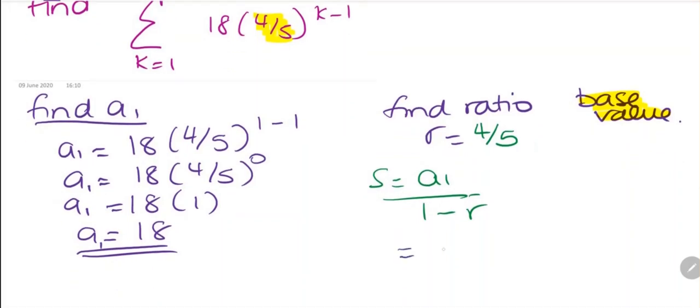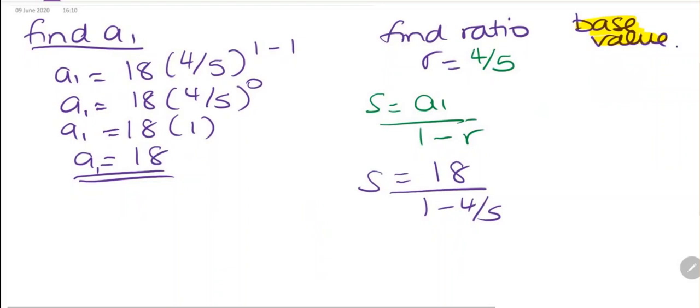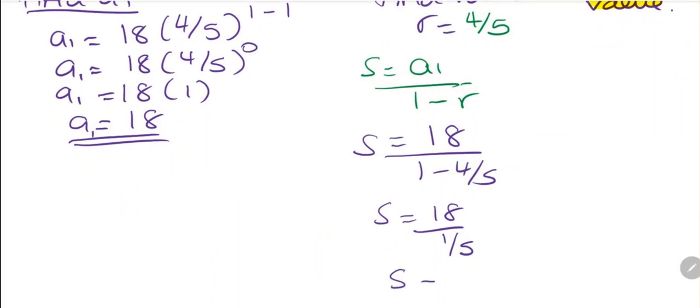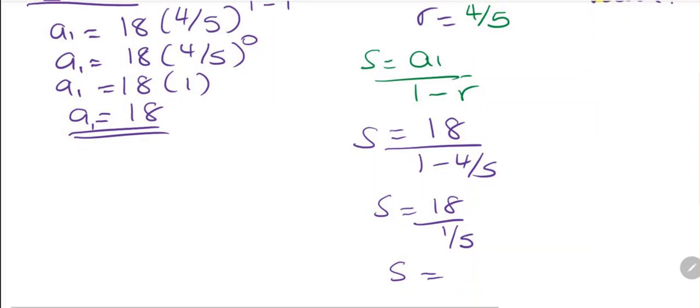So a1 is 18, and it's 1 minus 4/5. So 1 minus 4/5 is just 1/5. So divide by 1/5 is the same as multiplying by 5. So S will be 90.